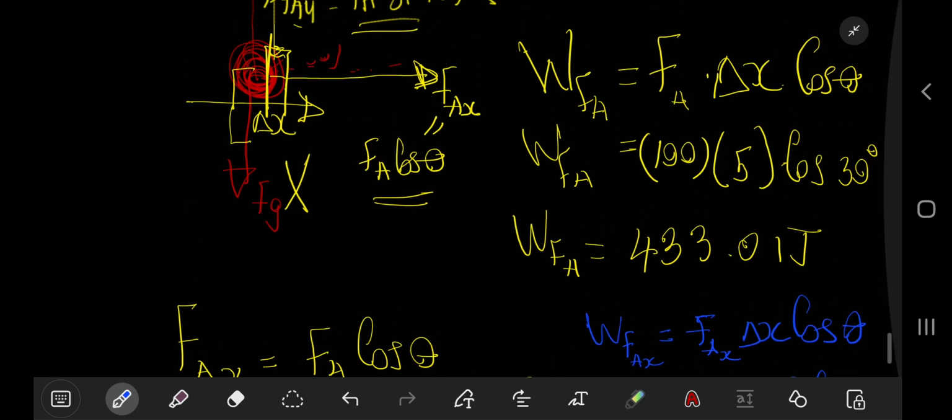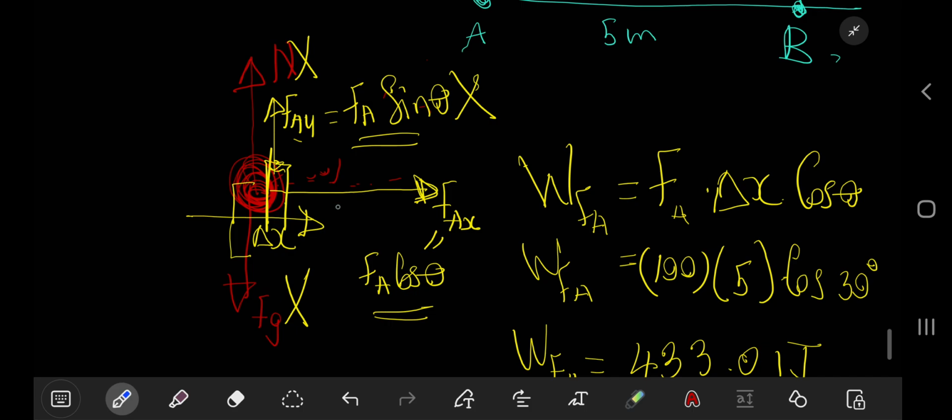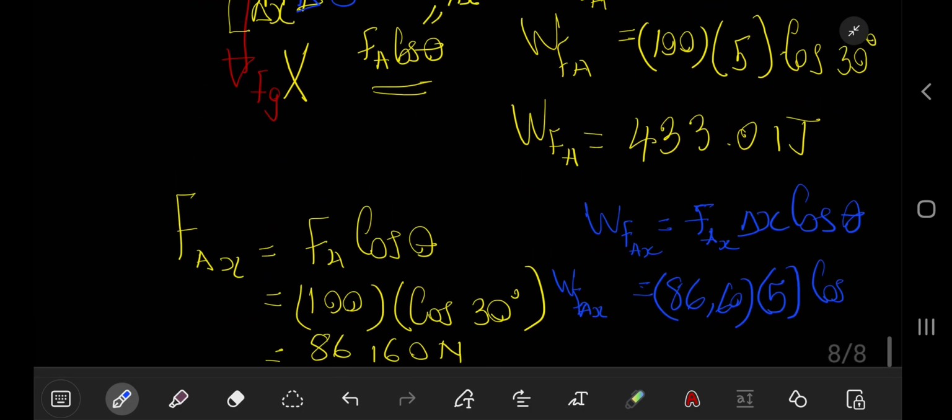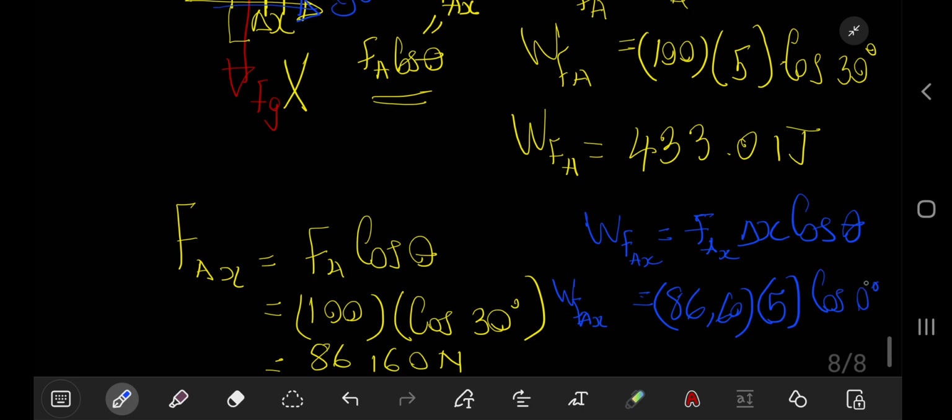This force is in the same direction as the displacement, so the angle we use is 0 degrees, so that would be cos 0, and that would give us 433.01. This answer is the same as the previous answer.